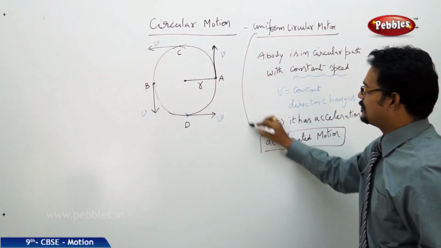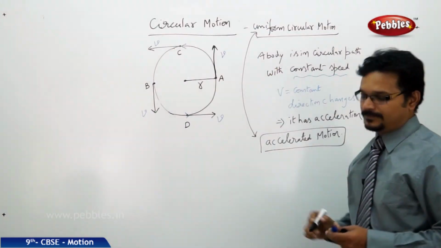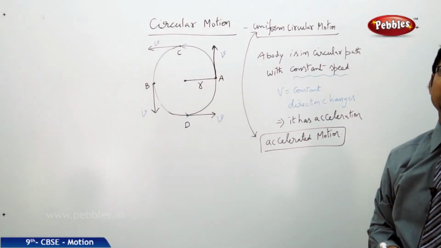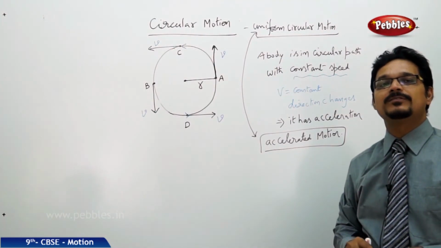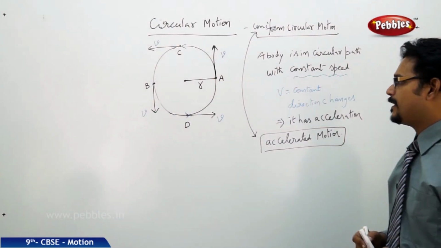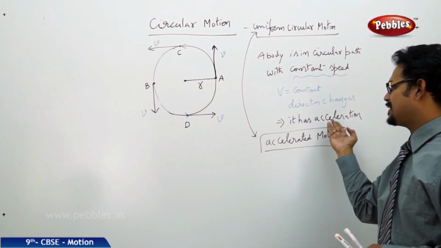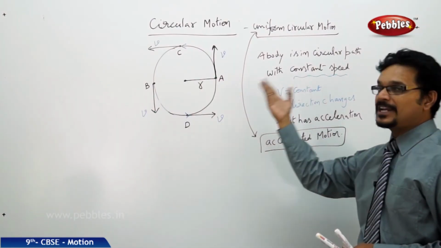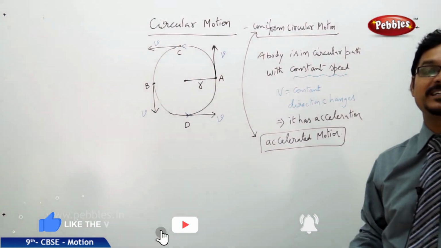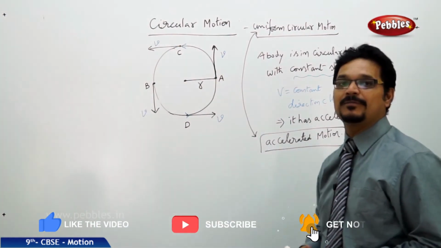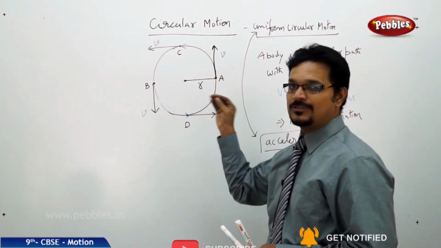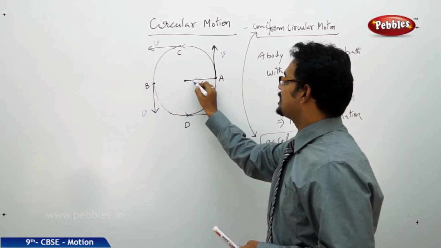See what happened now. These two are same now. That means if you want to give any example for accelerated motion, circular motion you can give. Okay, we understood about the direction of velocity, and when I mention accelerated motion, it has acceleration. So what is the direction of acceleration? Because acceleration is a vector. See the diagram carefully. Acceleration is always towards the center.